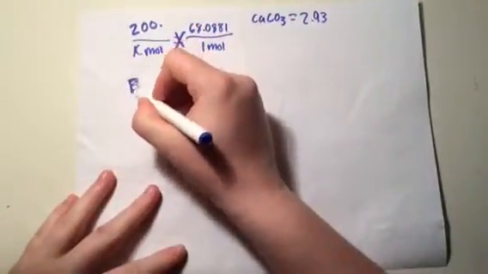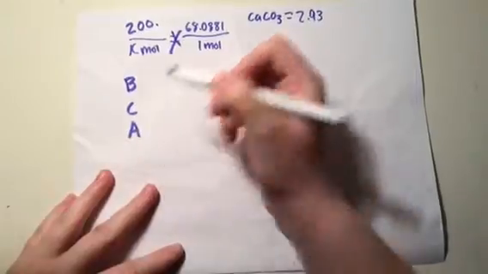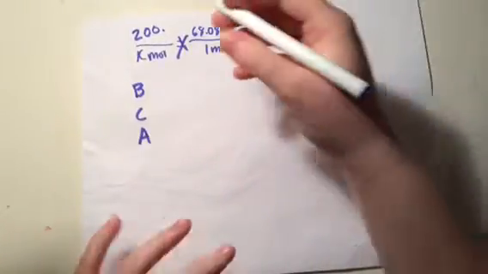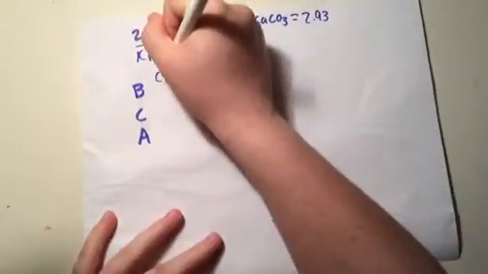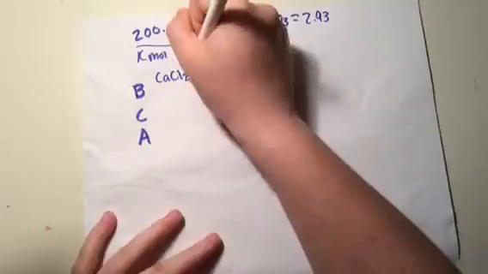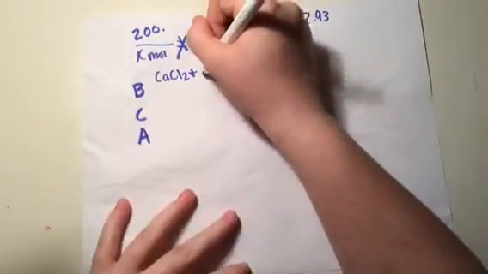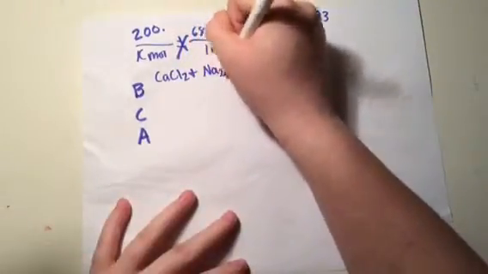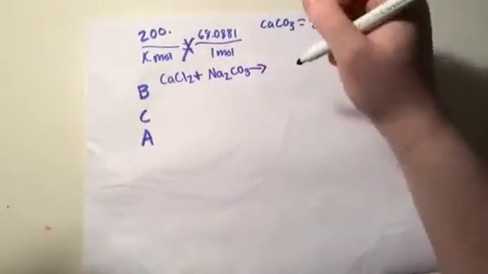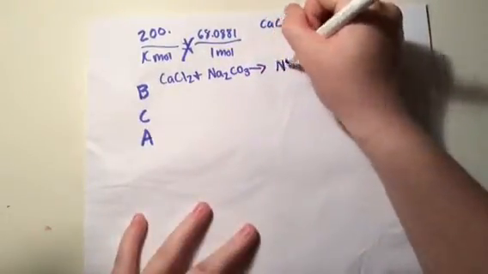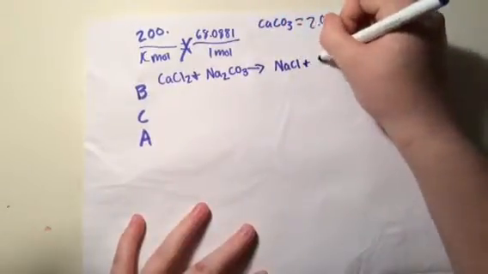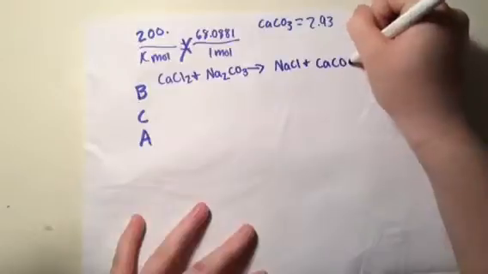So for our BCA table, now I googled things to make chalk with. So yours might be different, but what I got was CaCl2 plus Na2CO3 turns to NaCl plus CaCO3.